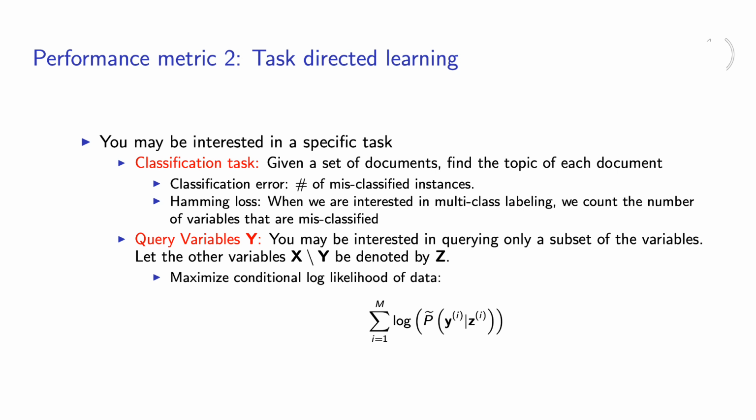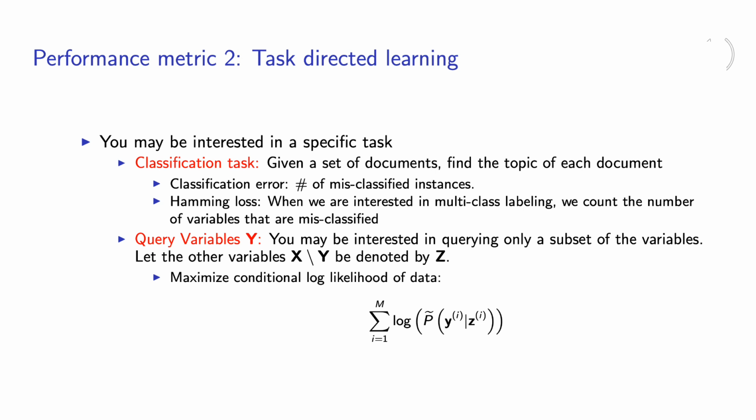However, if you are going to use the graphical model to solve a specific task and not care about other tasks, for example, if you only care about predicting the values of certain important variables in the graphical model rather than all the variables, we can use more specific task-directed metrics.